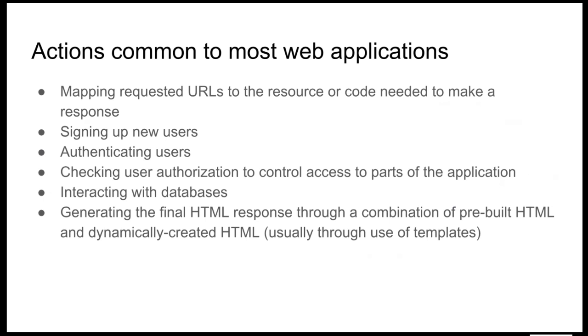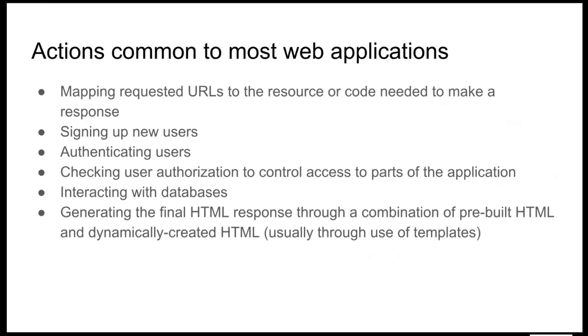It's going to want to do things like checking user authorization. This is where you control access to certain parts of the application. Like, for example, if someone is a customer, they're going to see certain things on Amazon.com. There's probably logins there for if you work at Amazon, and we don't get to see that stuff. That's user authorization, controlling access to certain parts of the application.